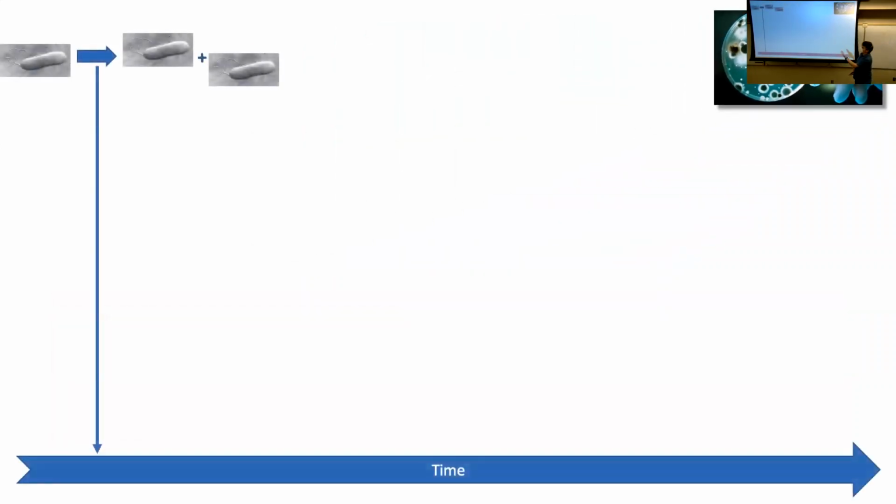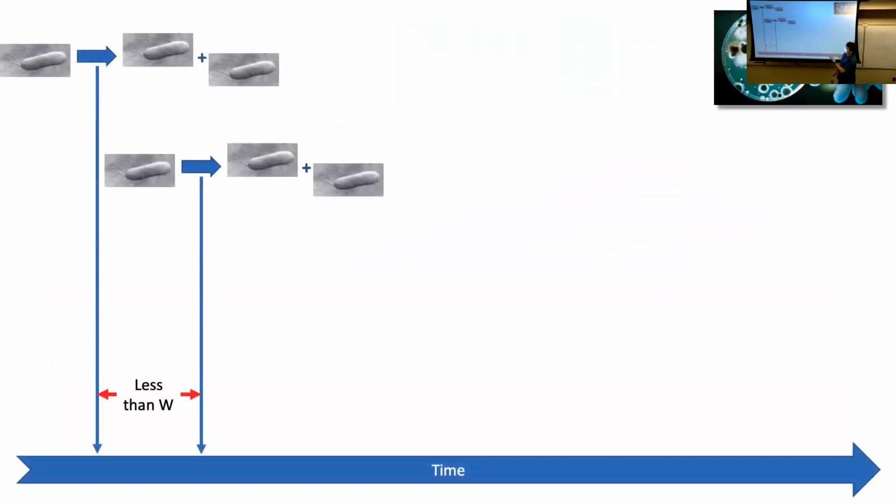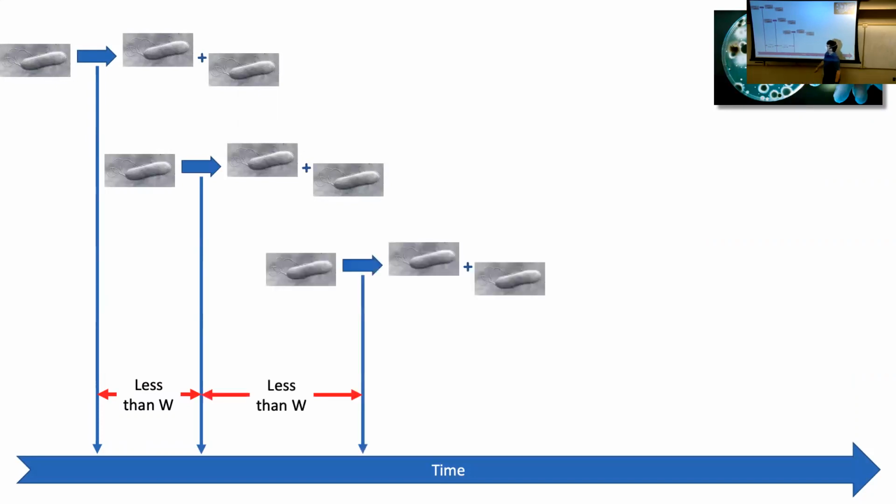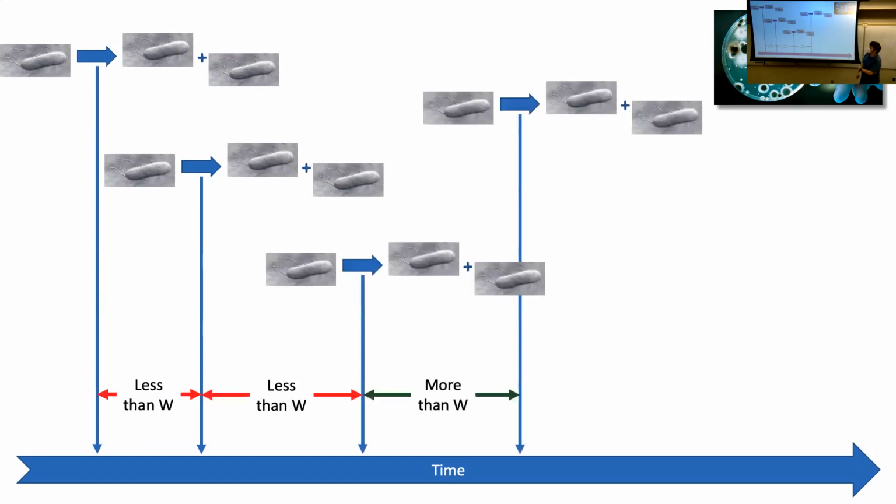So 1 becomes 2, and then at some time less than W after that, one of those bacteria becomes another 2. At some time maybe less than W after that, another one of those bacteria becomes another 2.